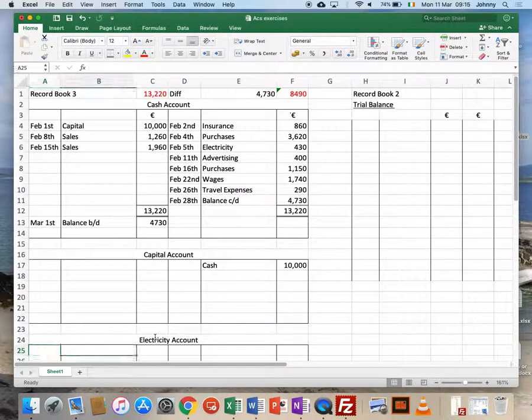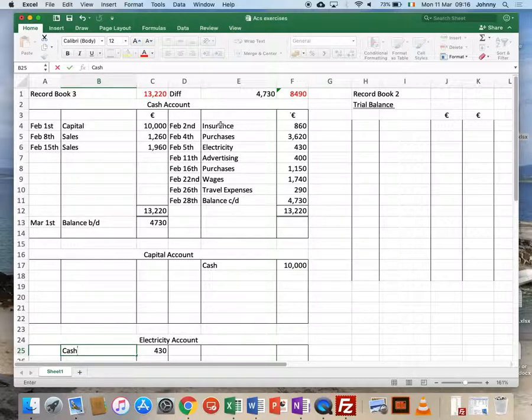And I'll put 430 on the debit side. What words will I write here in the details column? No. It's the name of the other account. So this would be cash, because the other account here is called cash. Are we okay with that so far?